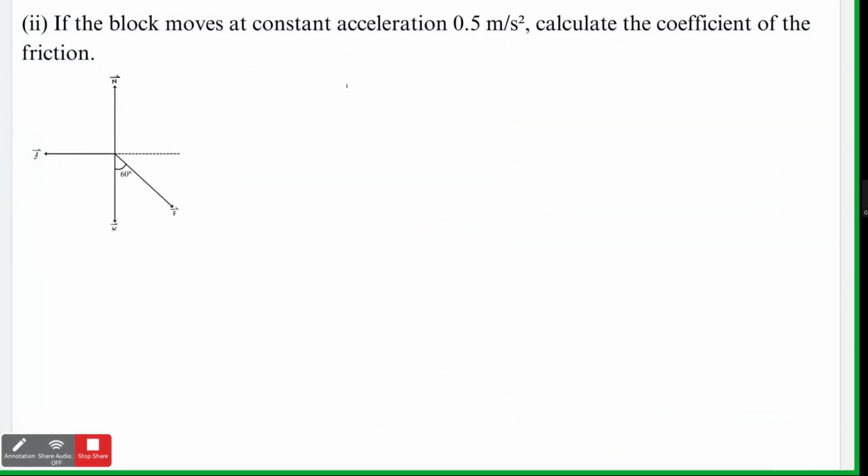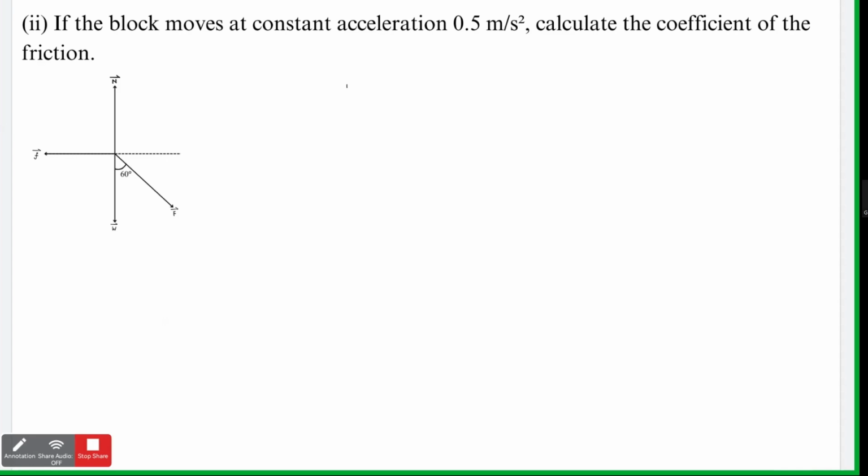Now let's move to question number 2 of this exercise. If the block moves at a constant acceleration of 0.5 meter per second squared, calculate the coefficient of friction. By using the free body diagram from the previous part, we'll use the diagram to assist us.